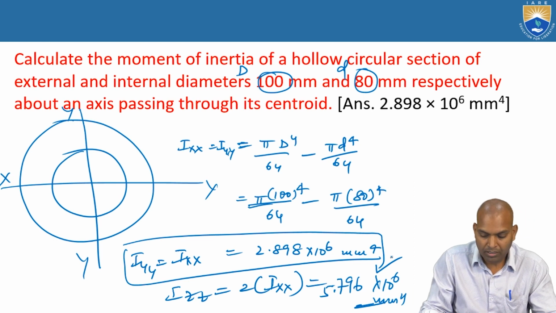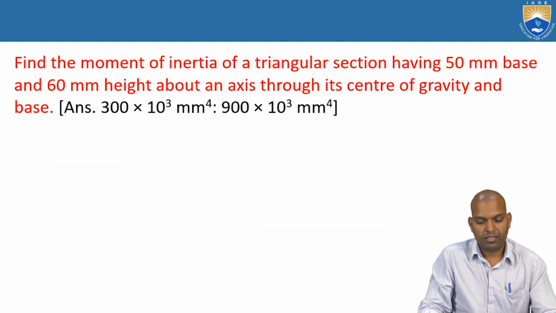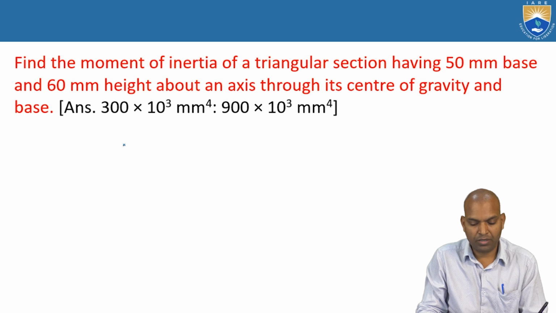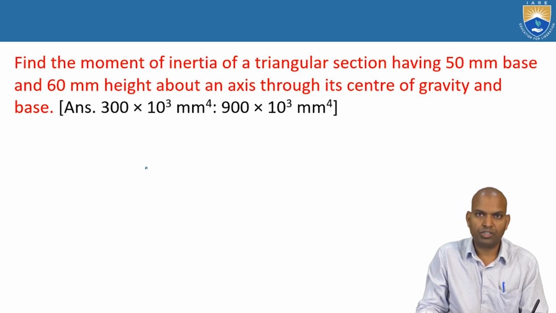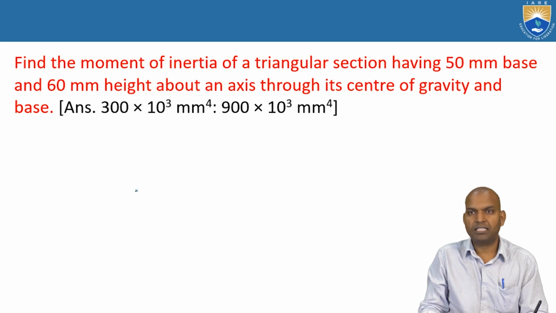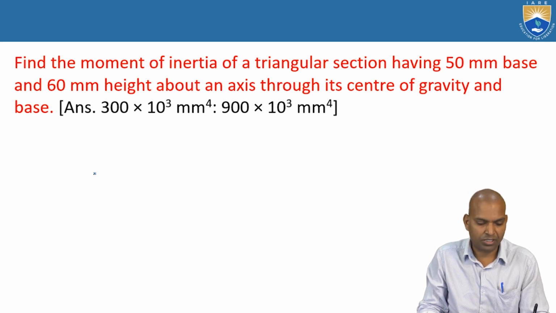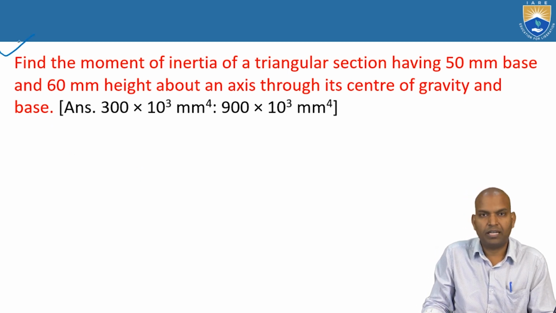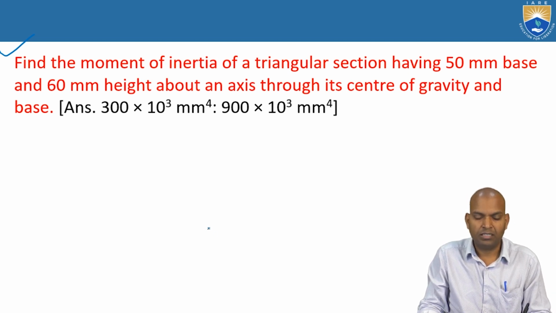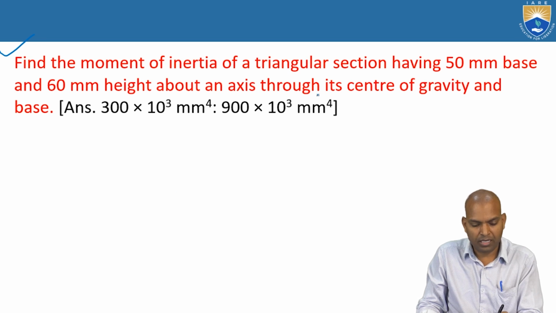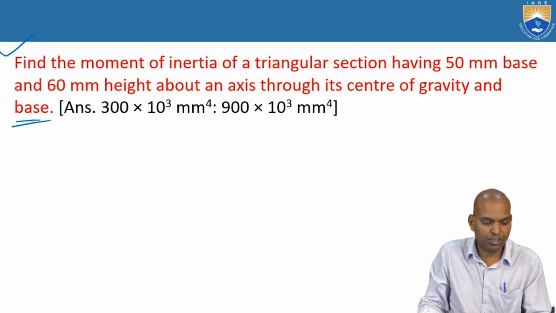Alright, next problem. Find the moment of inertia of a triangular section having 50 millimeter base and 60 millimeter height about an axis through its center of gravity and base. It is related to the triangular section formula. We want about an axis through its center of gravity and its base.